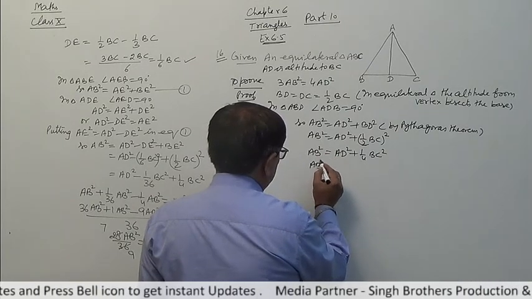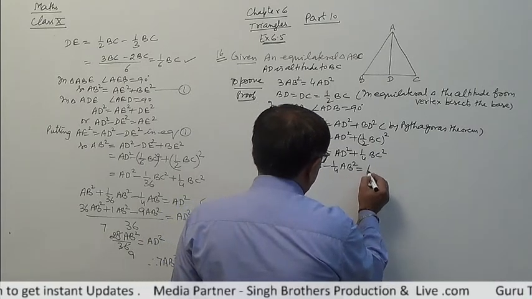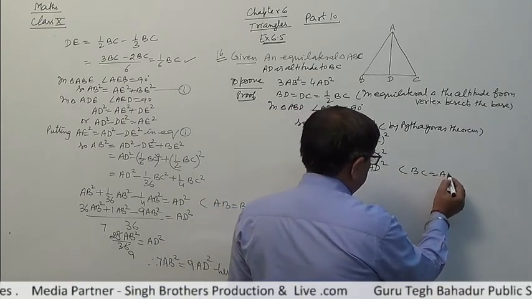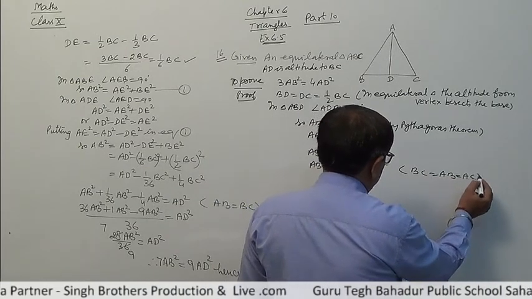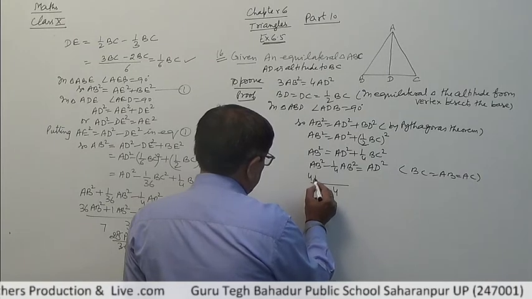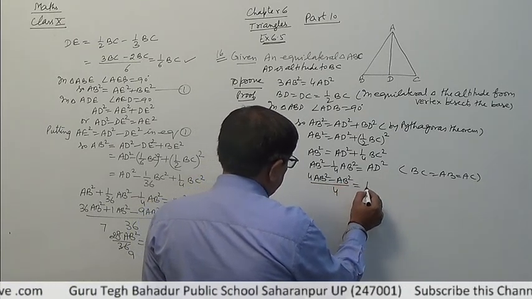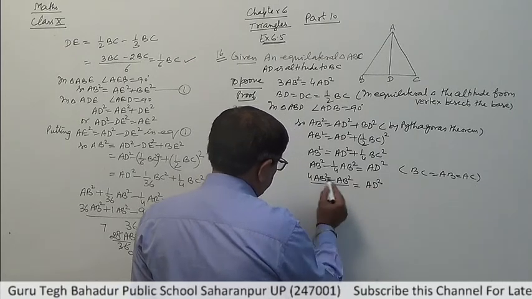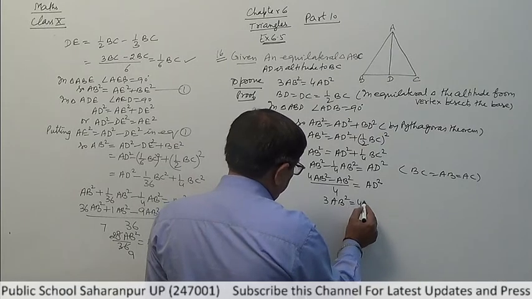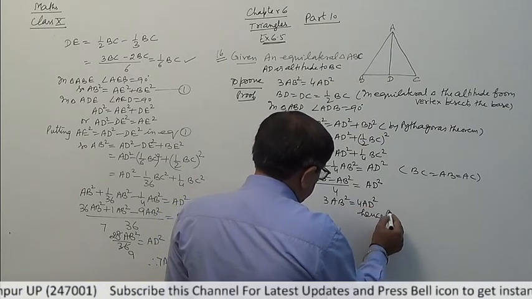AB square minus 1 upon 4 AB square is equal to AD square, because BC is equal to AB is equal to AC. Take the LCM. 4AB square minus AB square is equal to 4AD square. 4 minus 1, that is 3. 3AB square is equal to 4 AD square. Hence proved.